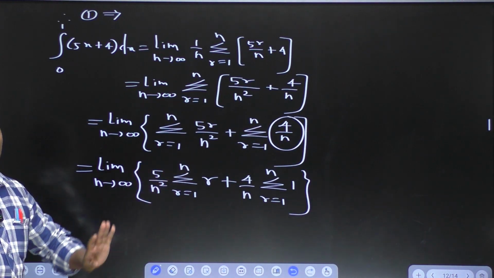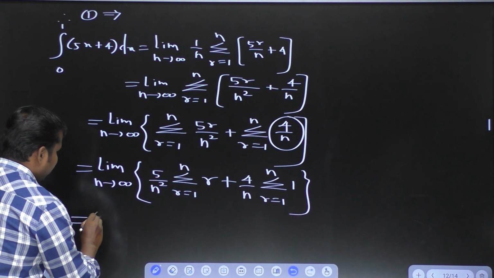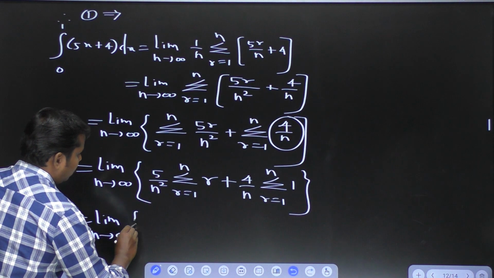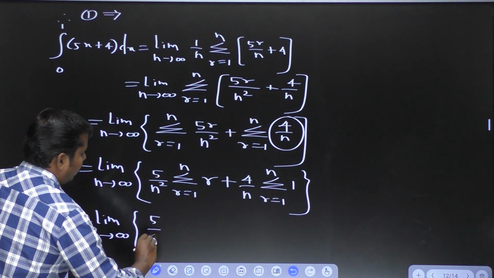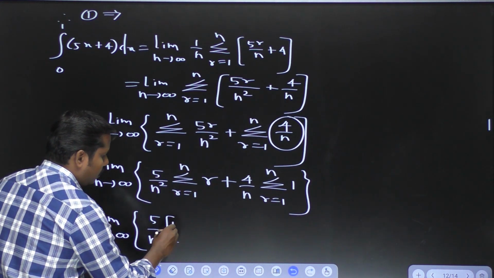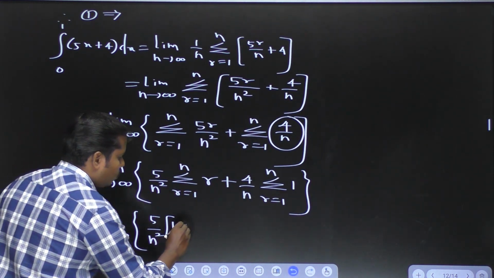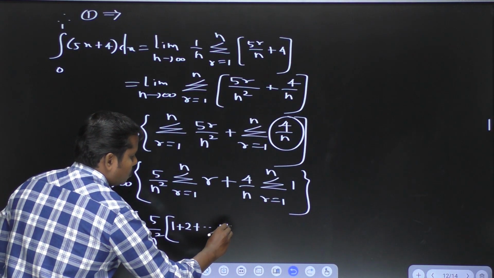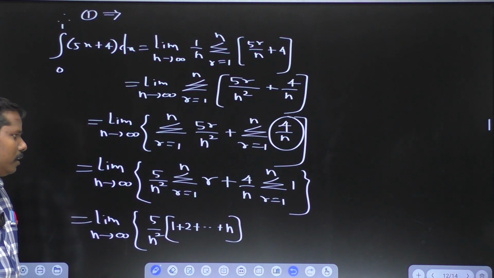Now let us expand this in the usual manner. Limit n tending to infinity, 5 by n squared. Students, give 1 here. r equal to 1 means 1, 2 means 2, and so on. What is the final value of r? n. So n should come up. Close it.